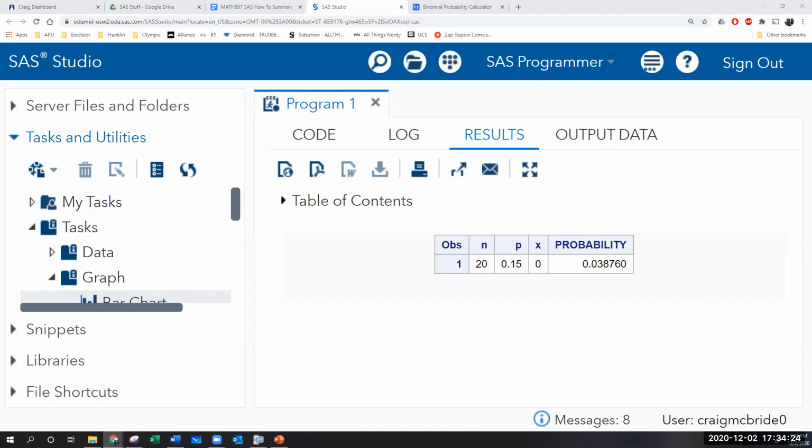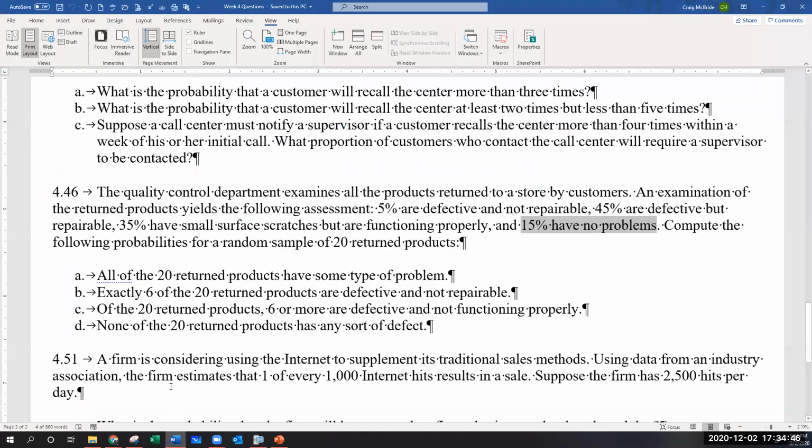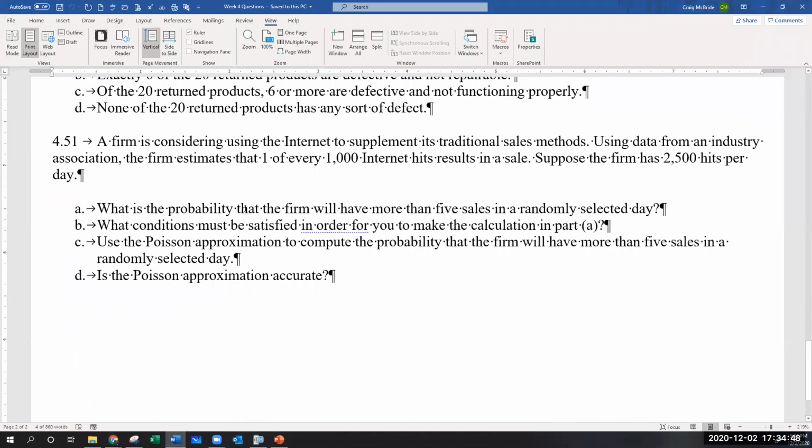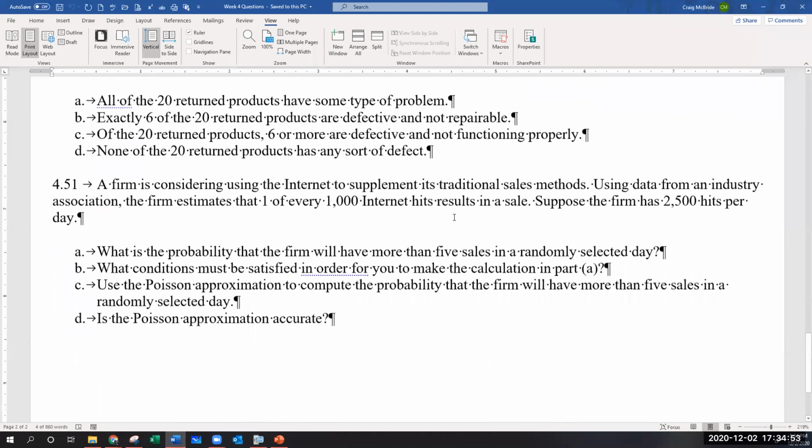All right, what else? Let's see. I have a confused question. 451, C and A. Okay, well, 451A, you're just going to use all the probabilities given here and run a normal binomial where your sample size is 2,500.